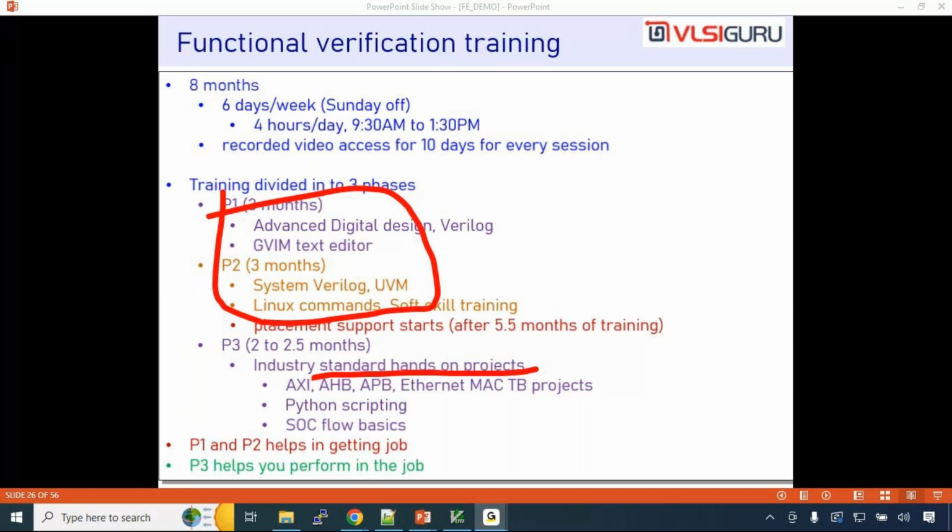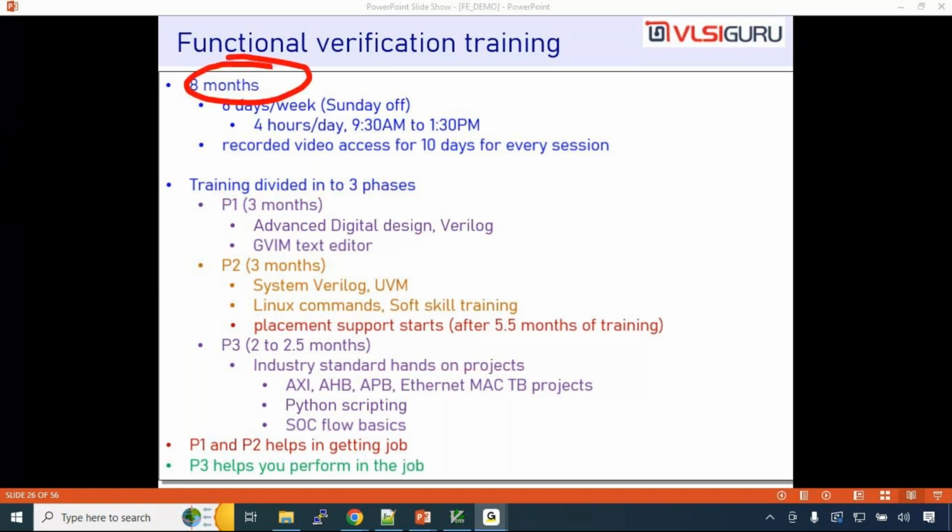Now you ask me, why can't they also run for 8 months, or 1 year? Generally what I've seen is that the place is the limitation. Many institutes have only 2 or 3 training rooms. You have to finish the batches, only then you can start new batches.